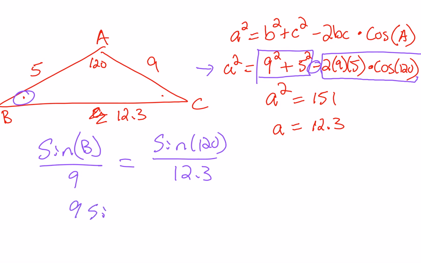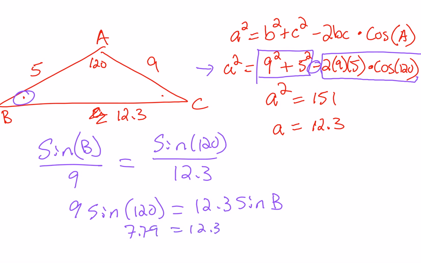We get 9 sine 120 is equal to 12.3 sine of B. So I'm just going to go ahead and punch in 9 times the sine of 120. That equals 7.79. Divide both sides by 12.3, 7.79 divided by 12.3 gives me 0.63 repeating.